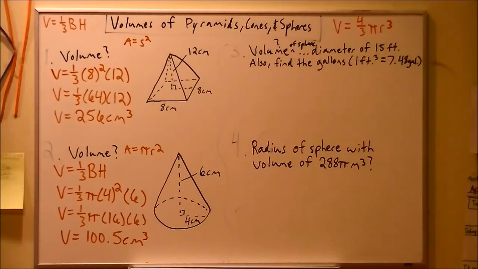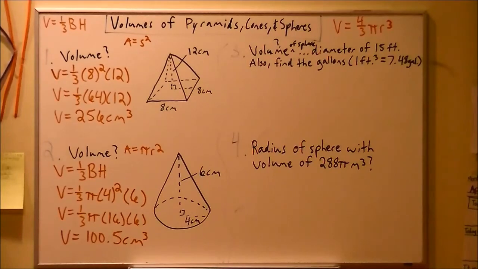Problem number 3. Find the volume of a sphere, a three-dimensional ball, basically, with a diameter of 15 feet, and find that to the nearest hundredth. Then when you calculate that, find the number of gallons it will hold.